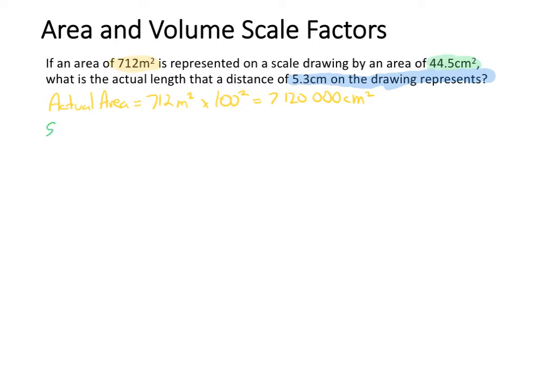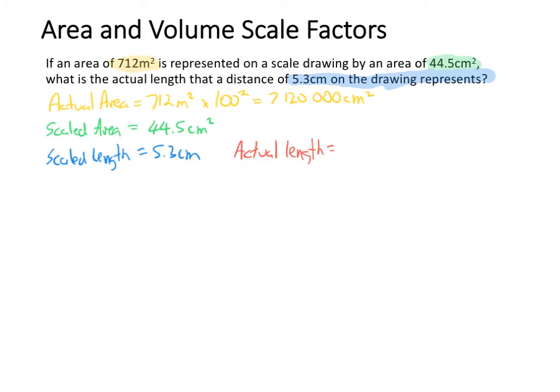I've also got a scaled area, which is equal to 44.5 centimeters squared. Then I've also got a scaled length equal to 5.3 centimeters. And the question is asking me what is the actual length of the corresponding side to the 5.3 centimeter side on this scaled drawing.